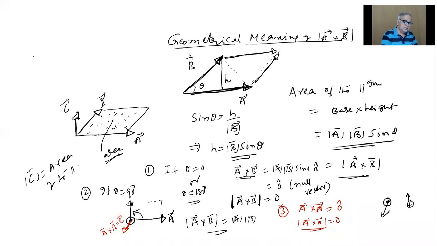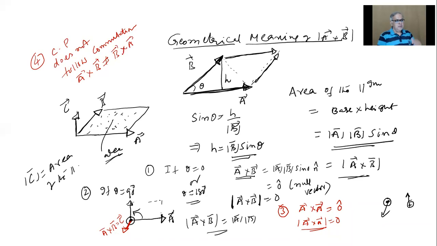And the fourth property: the cross product does not follow the commutative law. You have already seen it. That is, A cross B is not equal to B cross A. Here the order of multiplication matters. Multiplying A with B or B with A doesn't matter in the case of a dot product, but here it matters, and they are exactly in opposite directions.